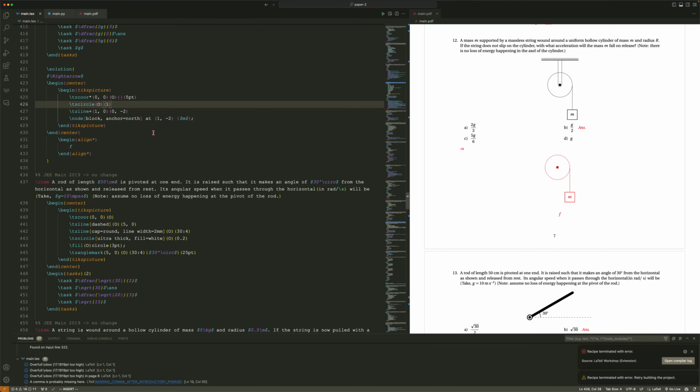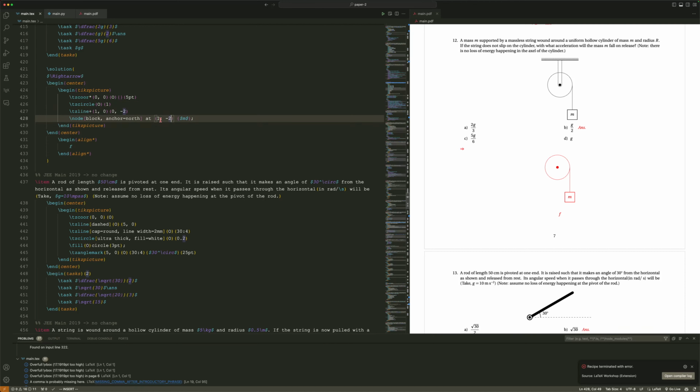So yeah, we have this pulley. Now we can separate this block. We can shift it maybe 2, 3 units. Oof, pain.